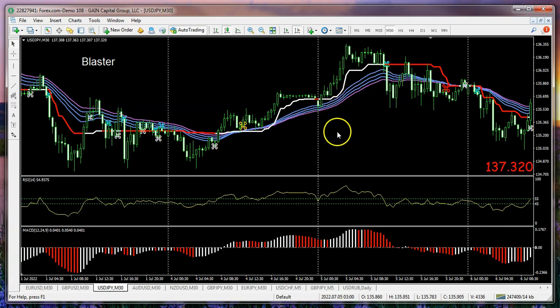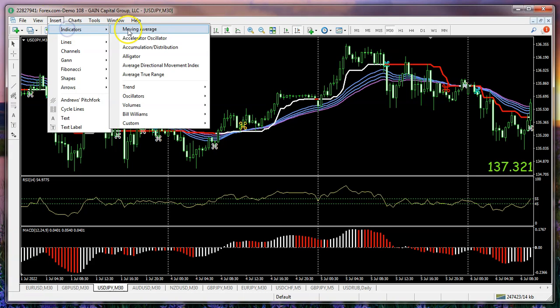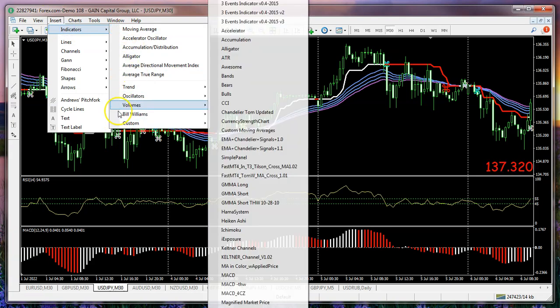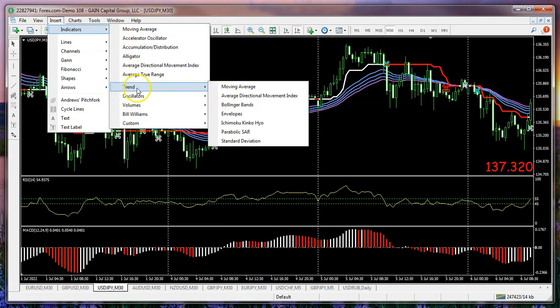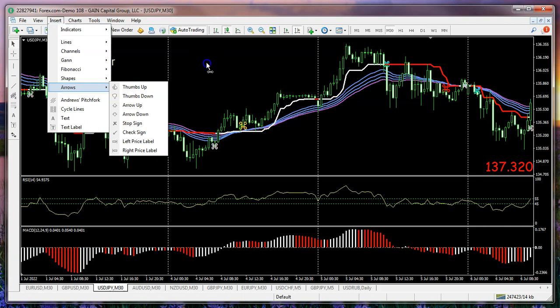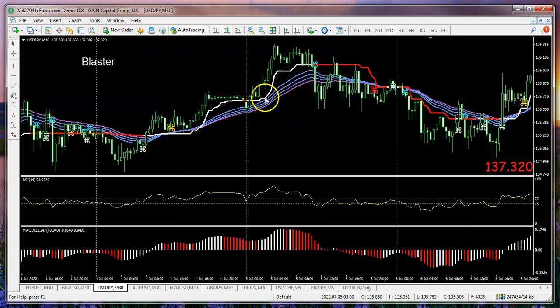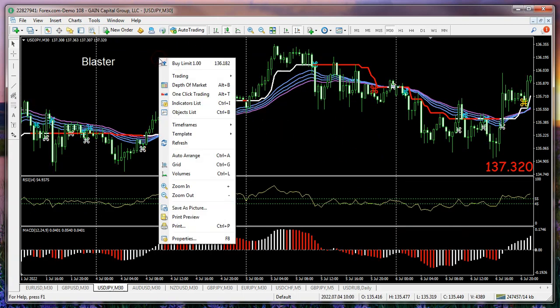Those can be included in your template simply by going to Insert, Indicators, Moving Average, and sometimes the moving average is down under Trend as well if you need to use it. Then you can add those in, or if you right click on your chart later, you can come to the indicator list.